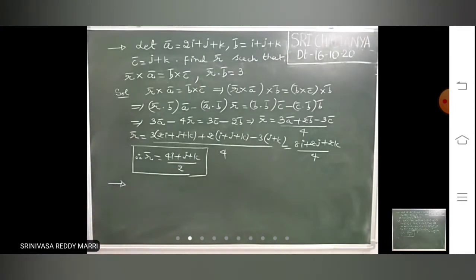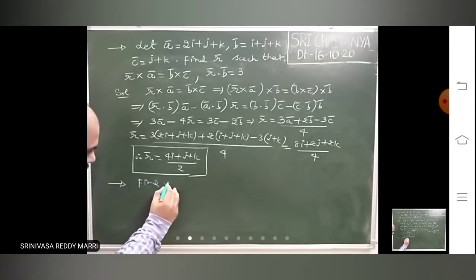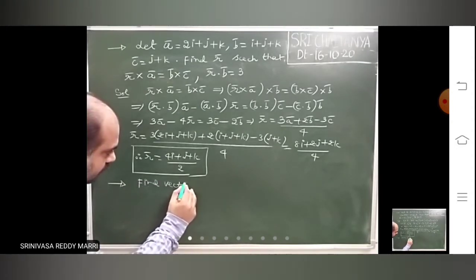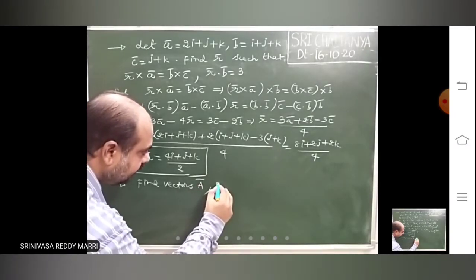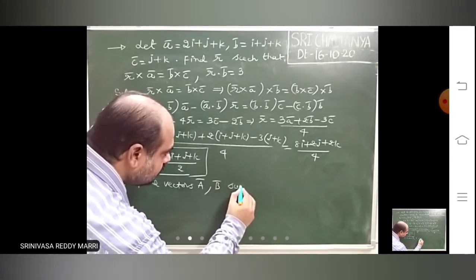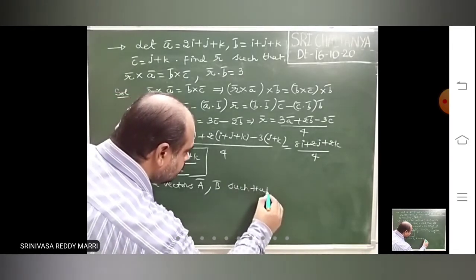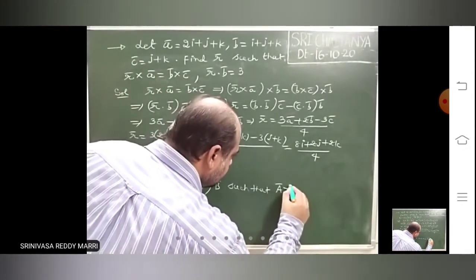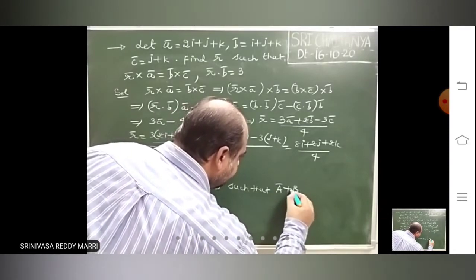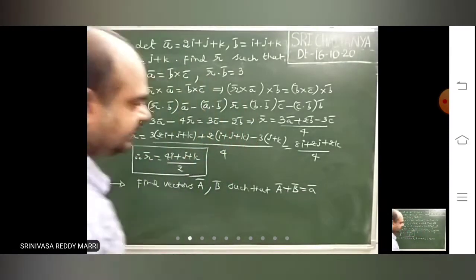Suppose, look at the next model. Find vectors a bar, b bar such that a bar plus b bar equals small a bar.